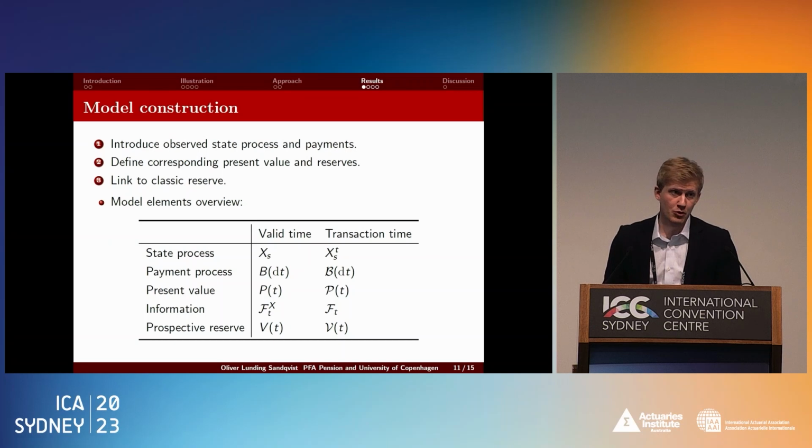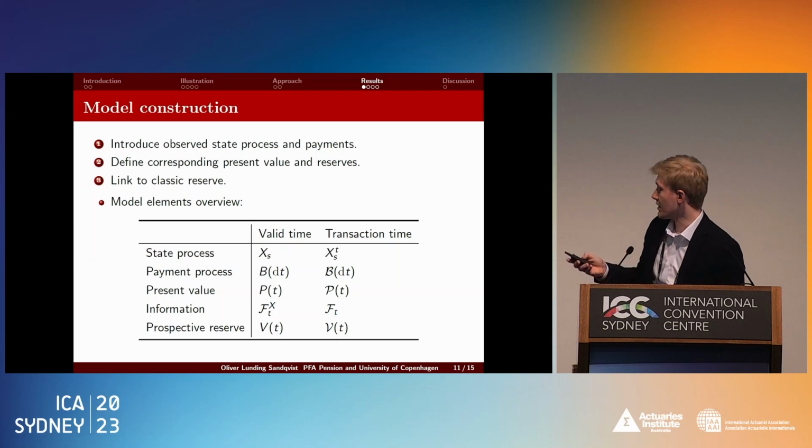Okay, so basically the program of our research and of our paper is the following. So you introduce what we call an observed state process and observed payments. And then, as in the classic multi-state model, you then define the corresponding present value and corresponding reserve. And then lastly, we link these new reserve objects to the classic objects in order to find out how they differ.